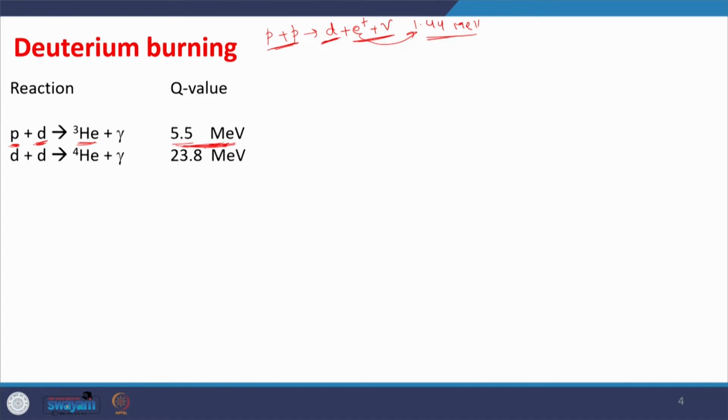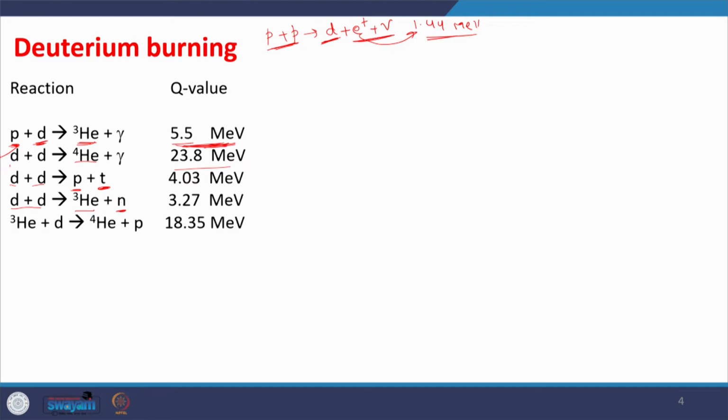And then the deuterium can also be destroyed by reacting with deuterium produced in another P plus P reaction. So, this deuterium can be destroyed by this reaction where helium-4 is produced, Q value is this, and the reaction between deuterium and deuterium can also lead to proton and tritium. The deuterium can also be destroyed with the same reaction of D plus D producing helium-3, but giving rise to neutron.